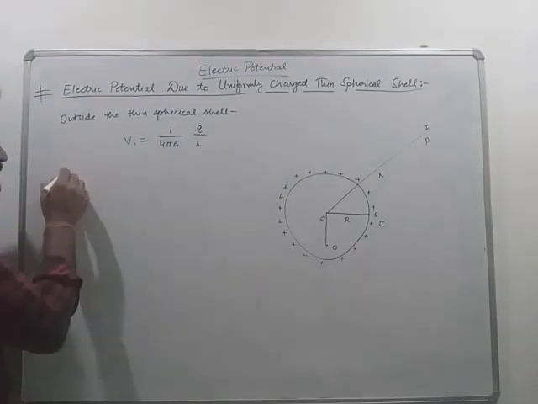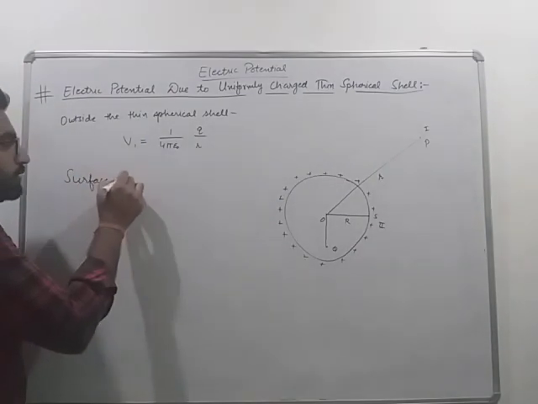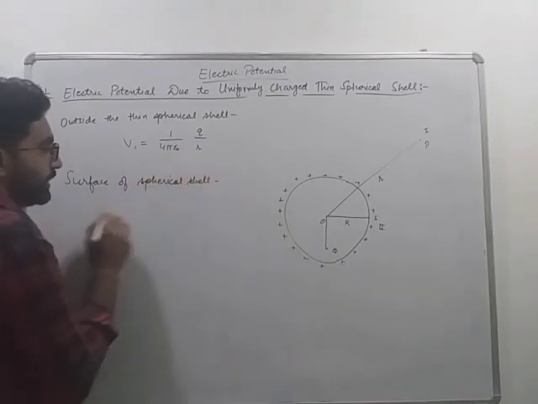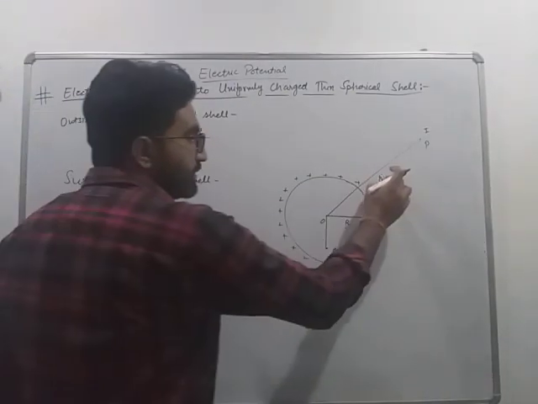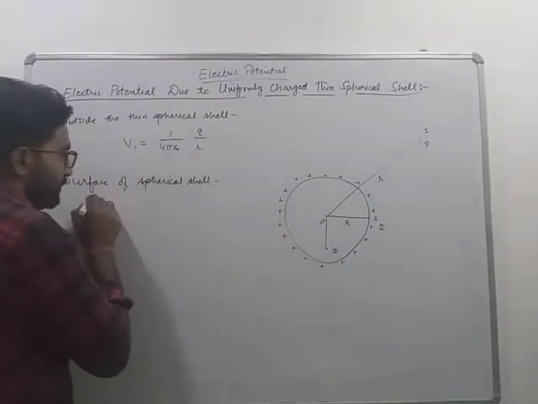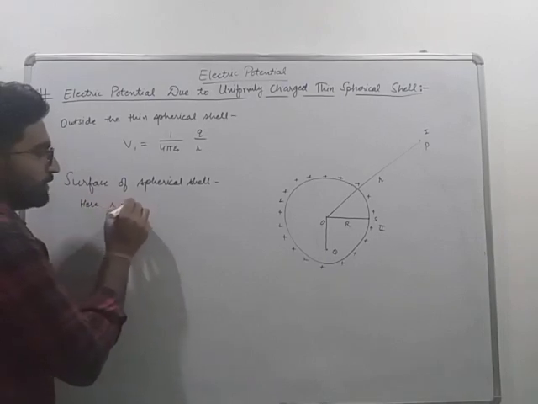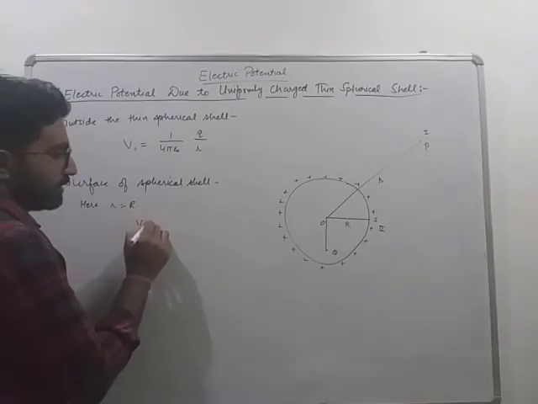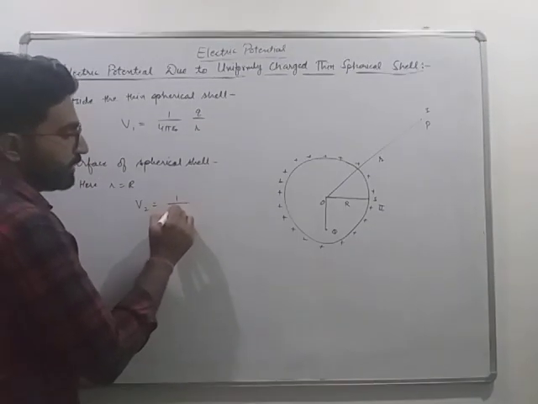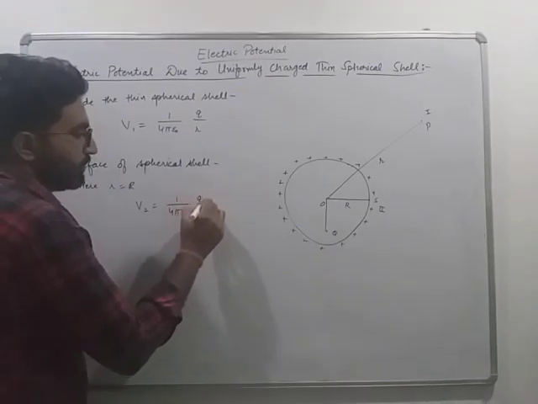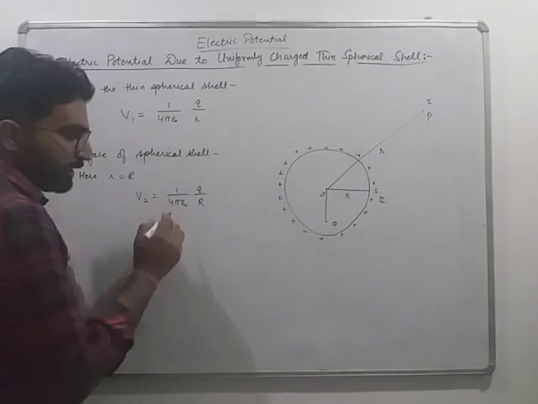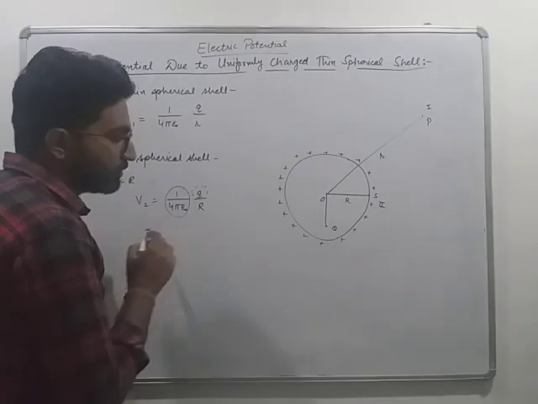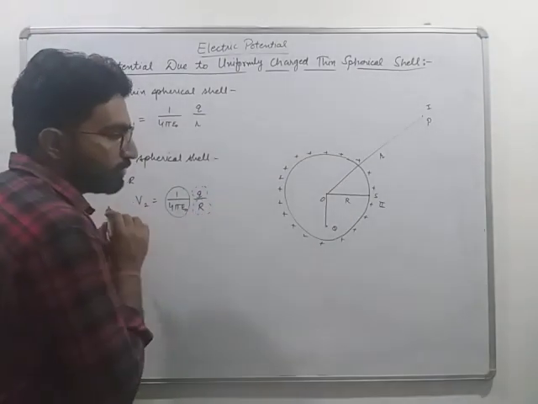At the surface of the spherical shell, the distance small r reduces to capital R. So the electric potential V2 is equal to 1 by 4 pi epsilon naught q divided by capital R. Here 1 by 4 pi epsilon naught is a constant, the charge on the spherical shell is constant, and the radius of the spherical shell is also constant.